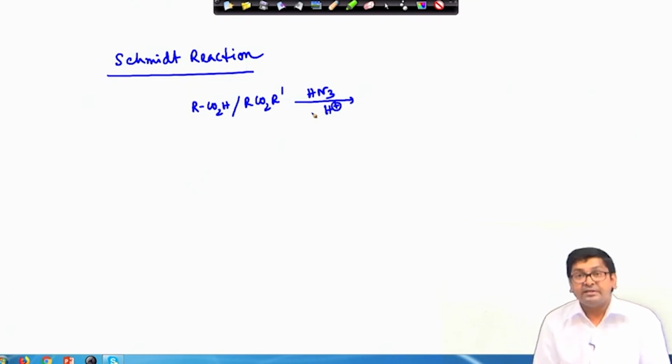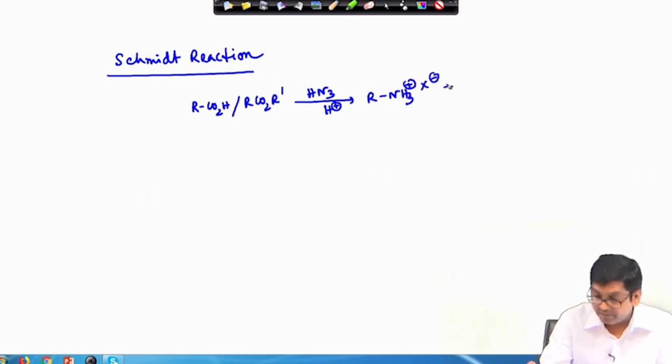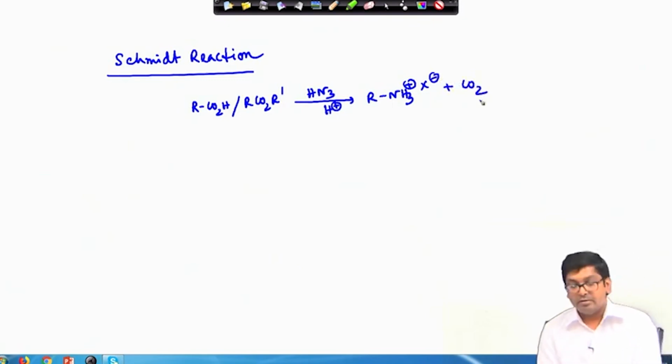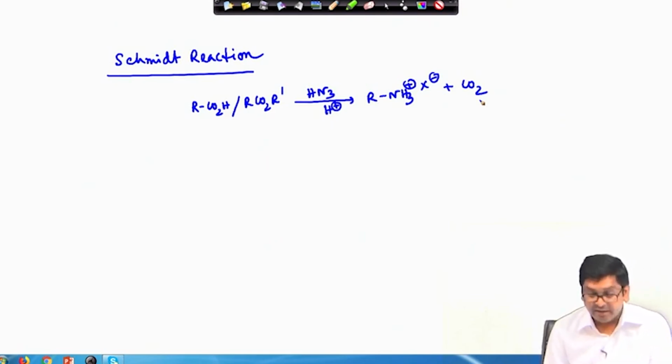In many cases it is dilute sulfuric acid, and in that case it will give the corresponding amine. So, we can see that carboxylic acid in presence of hydrazoic acid gives the corresponding amine and carbon dioxide. So, this is the overall Schmidt reaction.